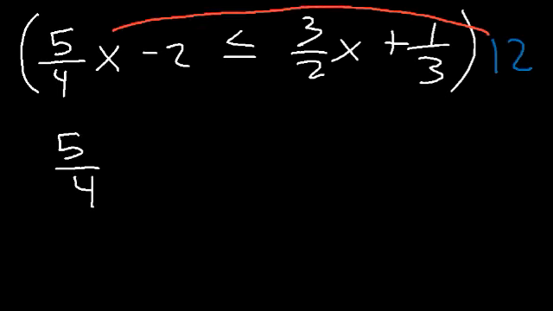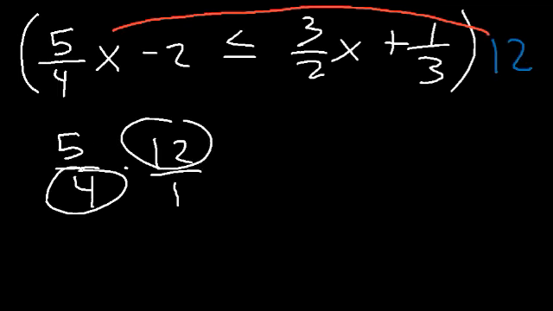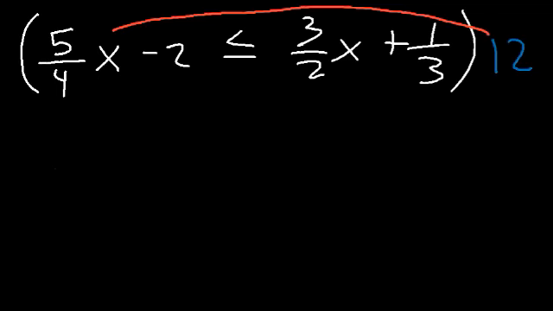If you multiply 5 over 4 by 12, what do you get? You can do 5 times 12, which is 60, and then divide by 4, which is 15. Or you could divide first and then multiply. 12 divided by 4 is 3. 3 times 5 is 15. So 5 over 4 x times 12 is 15x. So we no longer have a fraction at that point.